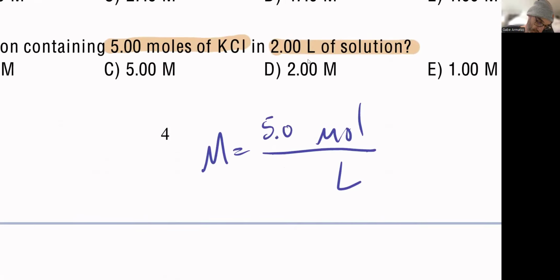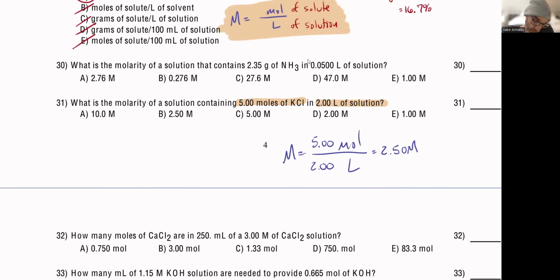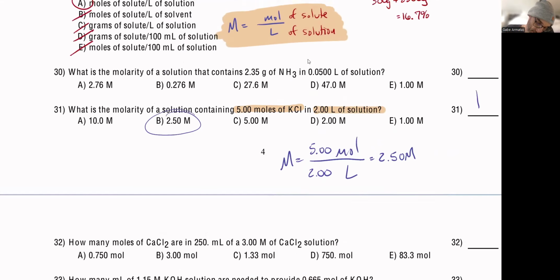I do in this case, 5 moles. Do I have liters of the whole solution? I do, 2.00 liters. So 5 divided by 2 gives me 2.50, and capital M is the unit, moles per liter. Anytime you see capital M, it's moles per liter. So it looks like B is the answer here.